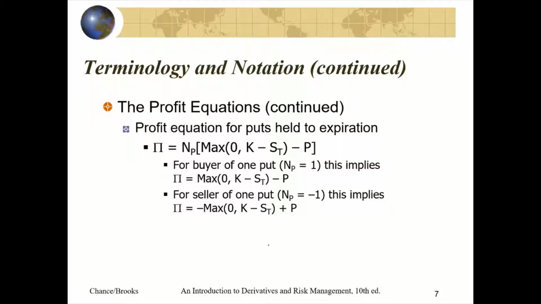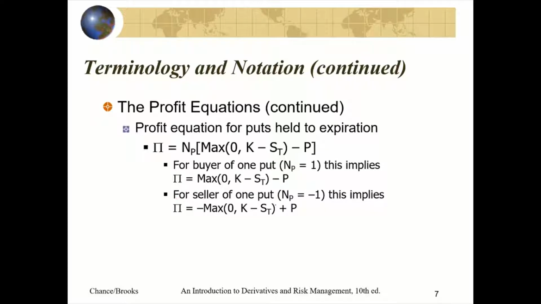If we want to examine the profit equation for puts that are held until expiration, basically the profit is also equal to the number of put options times the payoff minus the premium. Now, for a party who will take a long position, or buyer of the put option, the profit will be basically the payoff he will receive minus the premium he paid.